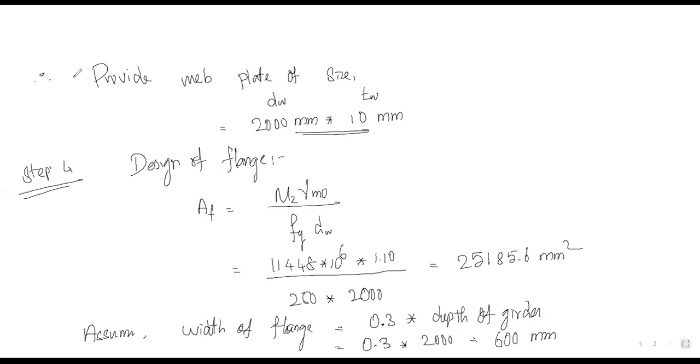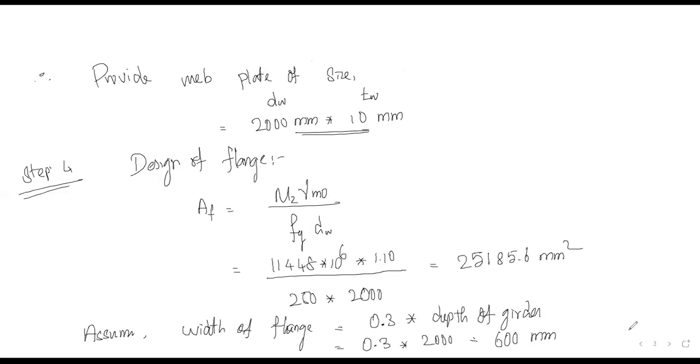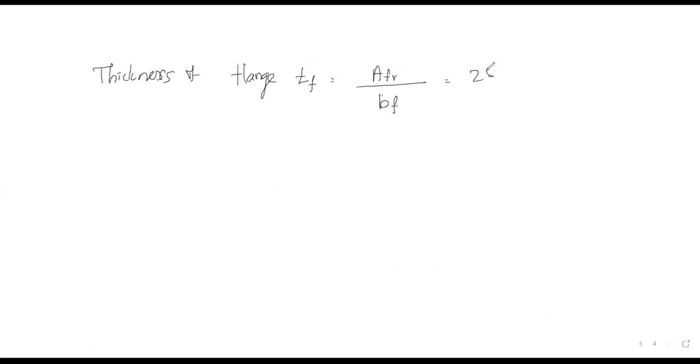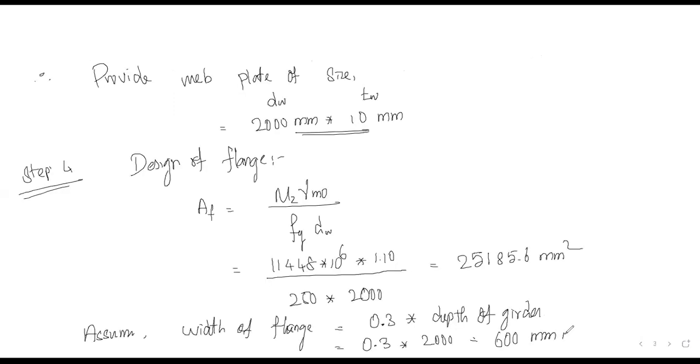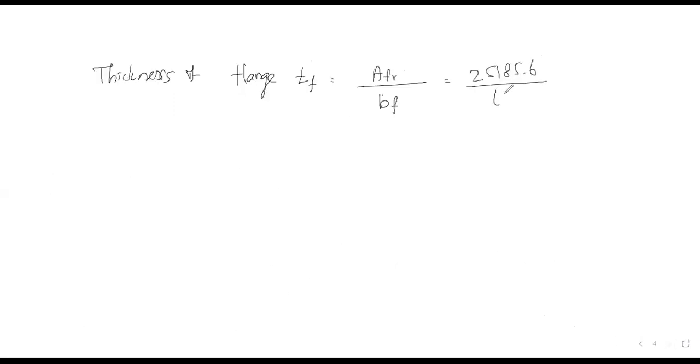Then thickness of flange, tf, is equal to area of flange required divided by breadth of flange. Area of flange required is 25,185.6 divided by breadth of flange, which we got as 600 mm.